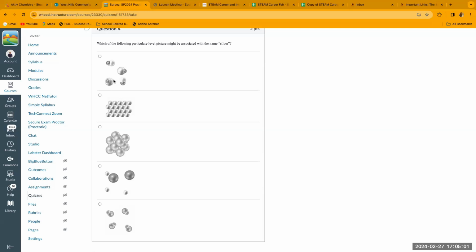So if I have salt and sugar in a container, what would I call that? Would that be a pure substance? Would it be a compound? Would it be a mixture? Would it be a homogeneous mixture? Would it be a heterogeneous mixture?